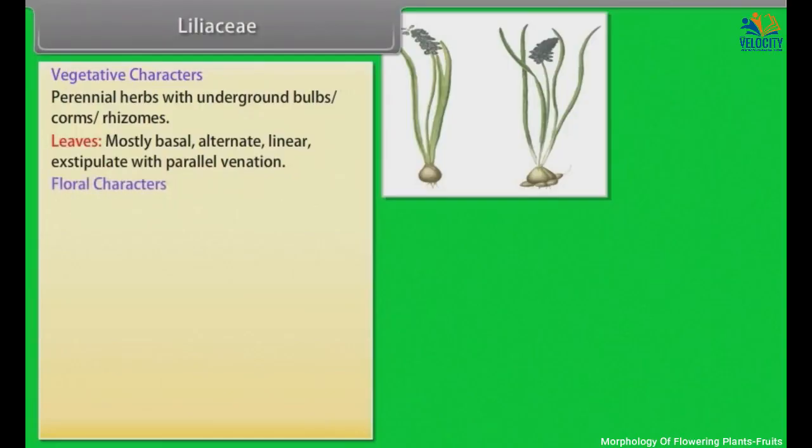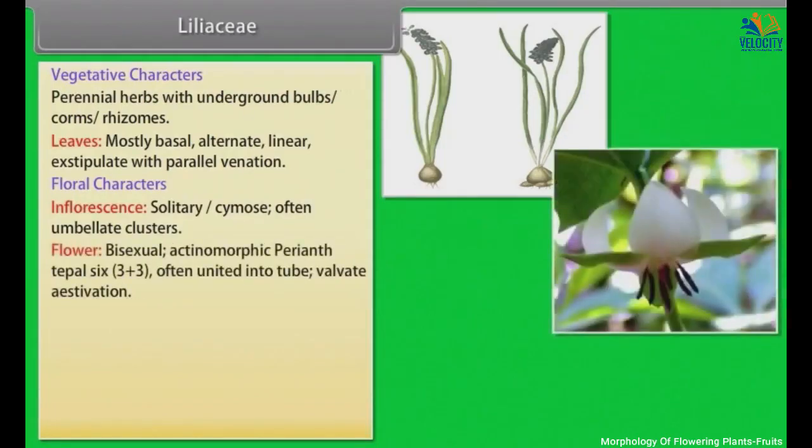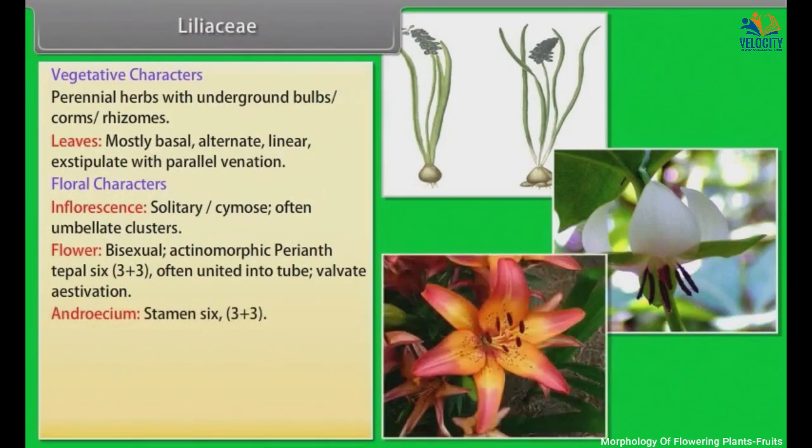Floral characters: inflorescence solitary, cymose, often umbellate clusters. Flower bisexual, actinomorphic. Perianth tepals 6 (3+3), often united into tube, valvate aestivation. Androecium, stamens 6 (3+3).